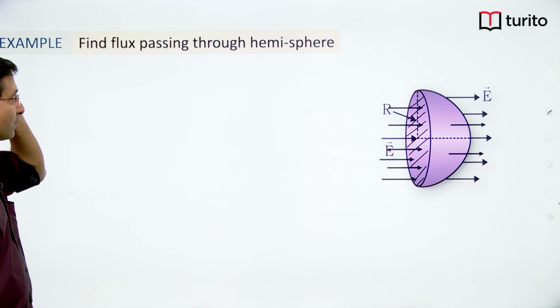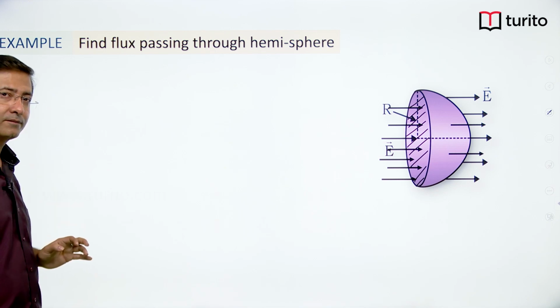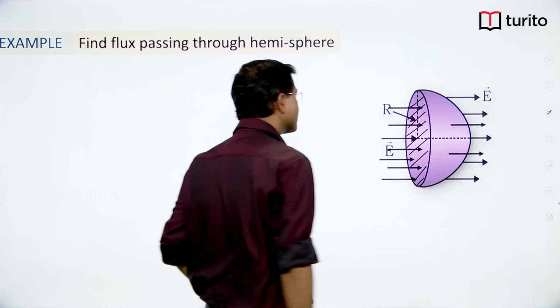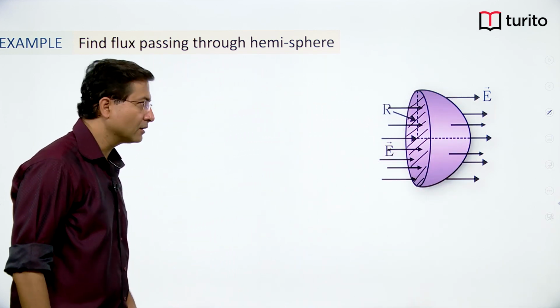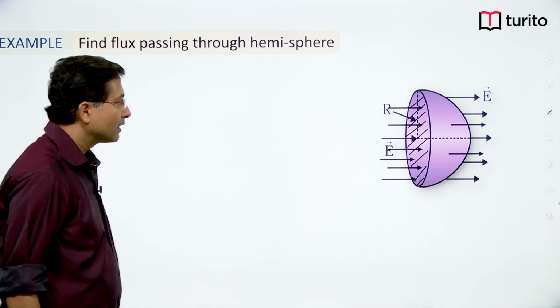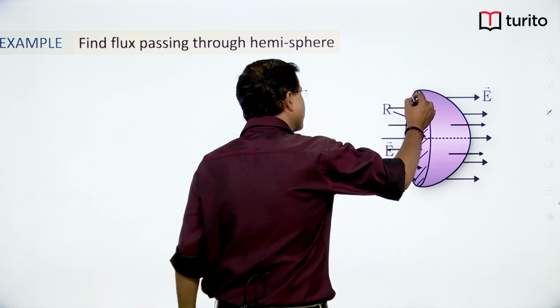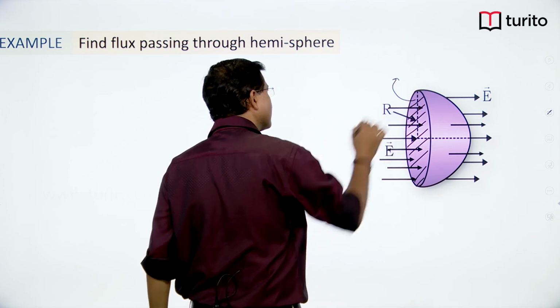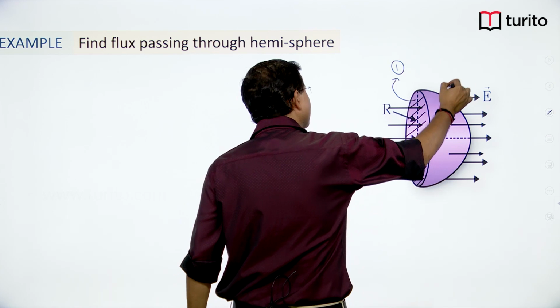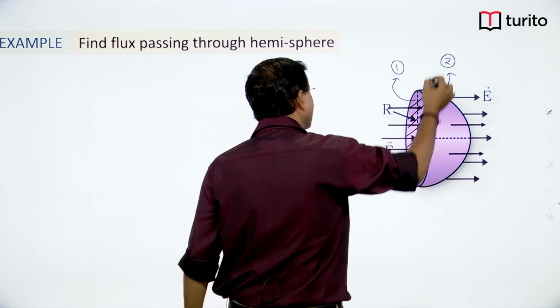Question is, what is the flux associated through hemisphere? So, just now I told if our field is uniform, then flux associated will be 0, right. So, total flux associated will definitely be 0. You can see there are two types of surfaces over here. This flat one, if I call surface 1, and this curved one if I call surface 2.